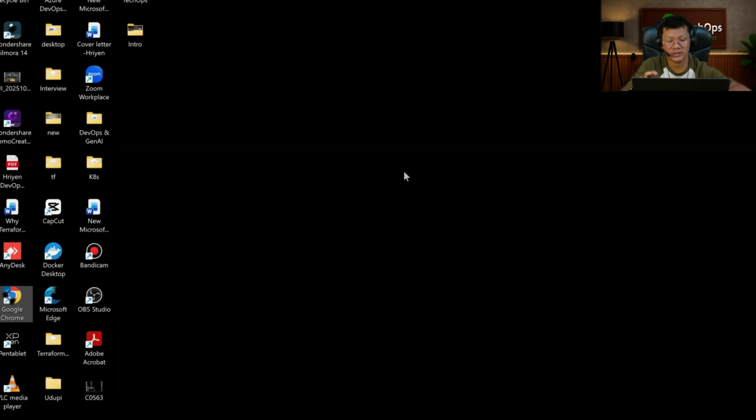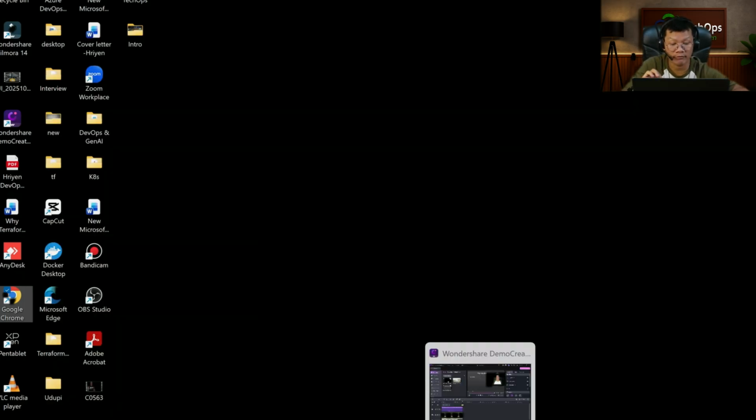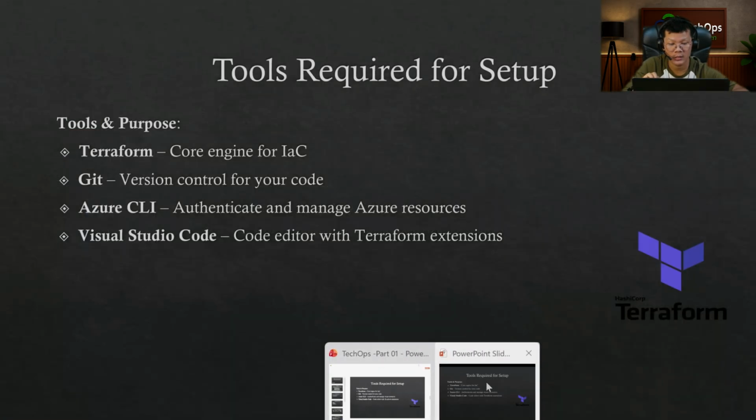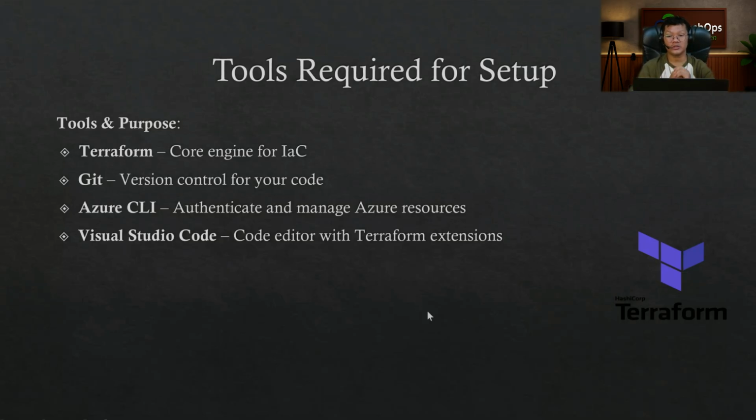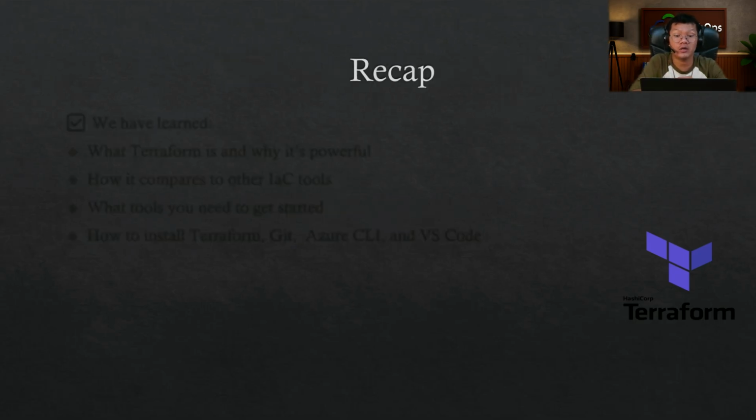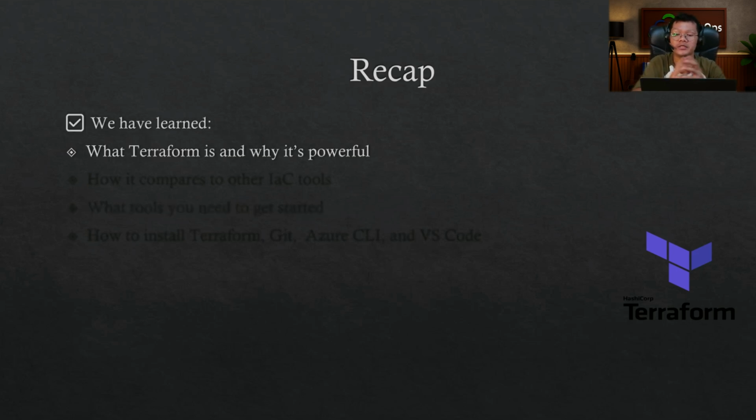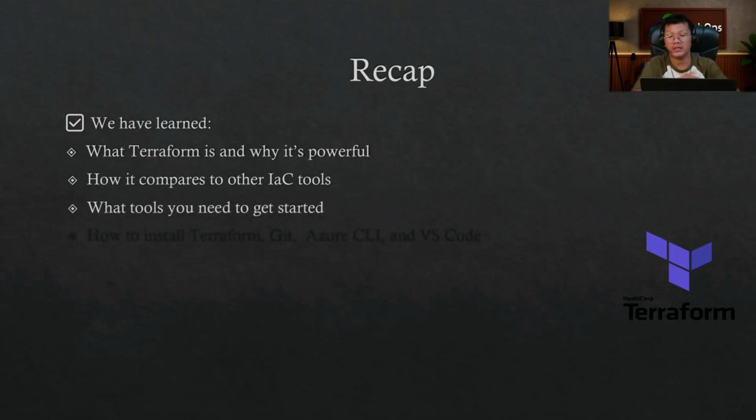Now what is the next thing? I think we are good with the installation, right? Yes, we are good with the tool installations. All right, team, now let us recap. What we have learned in this session is what Terraform is, why it is powerful and useful, how it compares to other IaC tools, and the tools you need to get started.